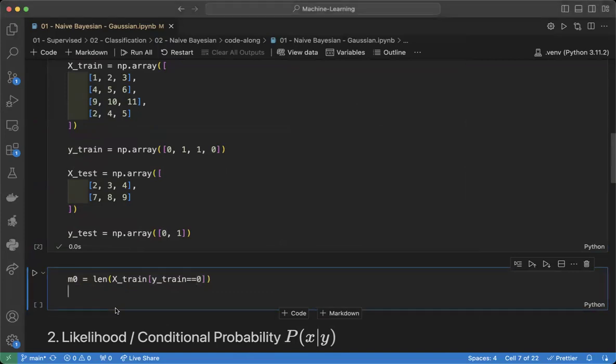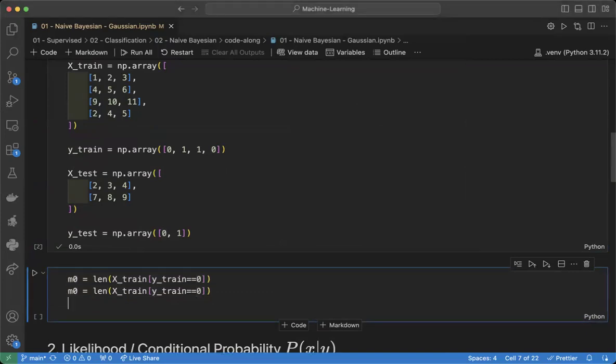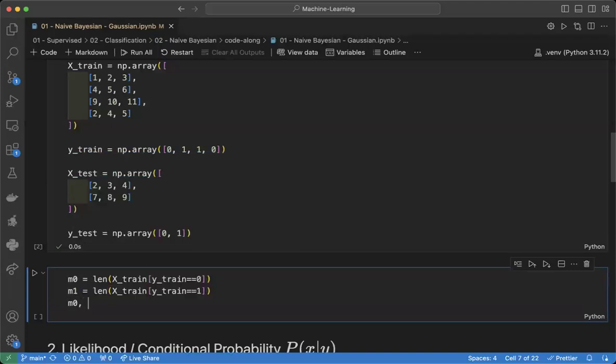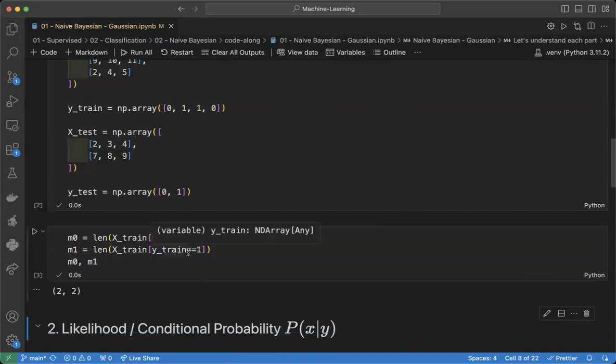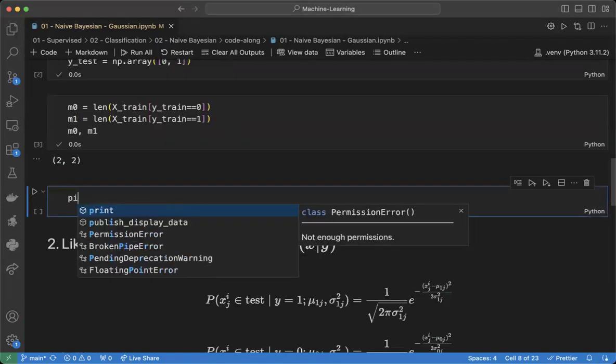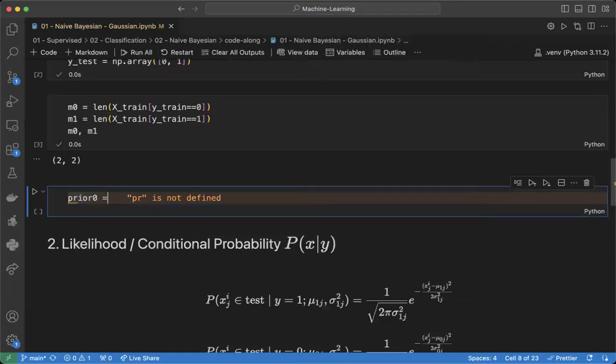And we're going to do the same, which is M1 is equal to this one. And we're going to print M1, right? So it seems like we got two samples for each. And prior is nothing but equal to M0 divided by M0 plus M1, right?